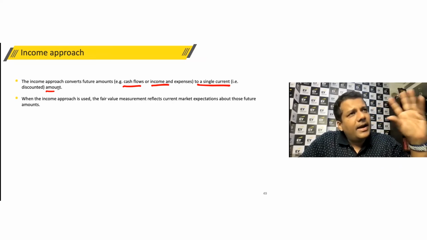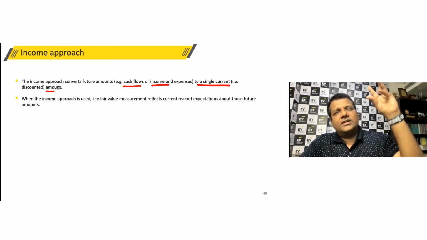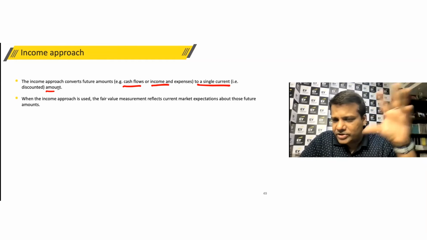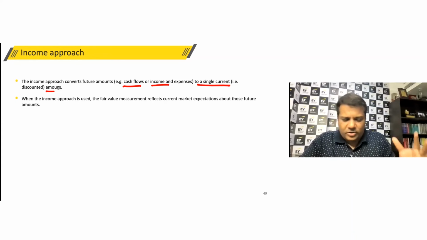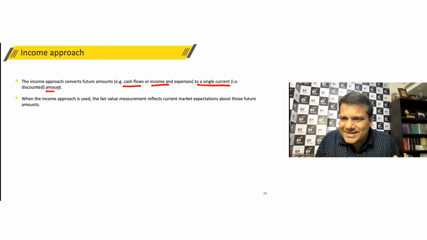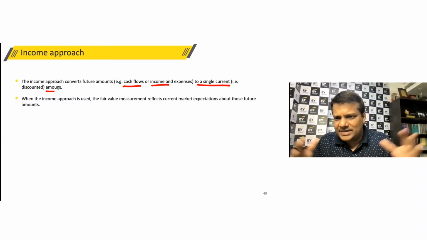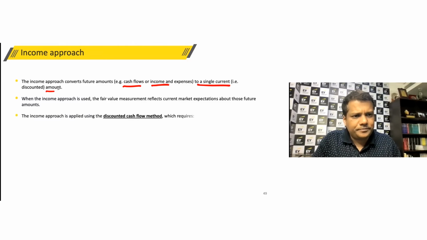So when you do the income approach, you don't consider significant capex or a significant increase in capacity for the existing asset. You value the existing asset for its existing capability, with some, of course, maintenance and so forth.